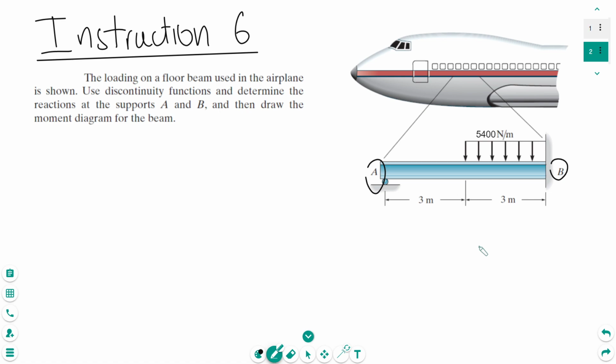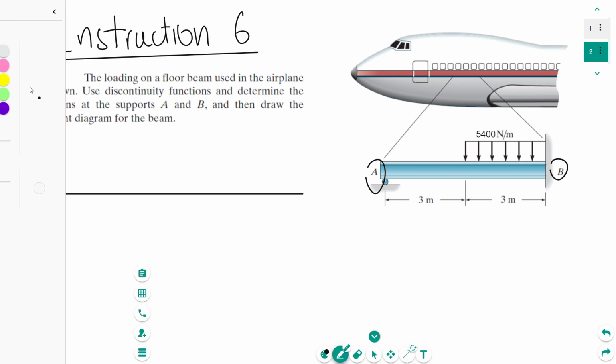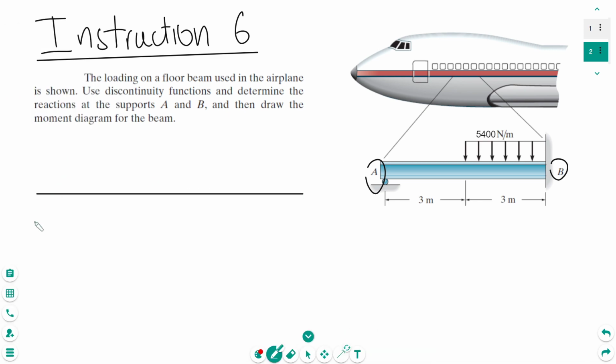So the first step in any problem is to first understand it better by drawing a free body diagram. In this case, I can simply illustrate it by a line. The forces that we have acting on the beam are AY, illustrated here, BY, drawn like this, and a distributed force drawn here.